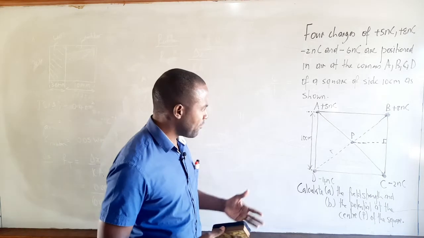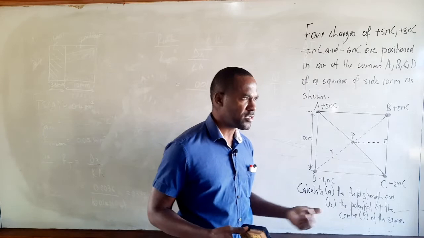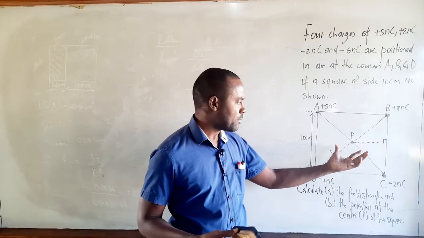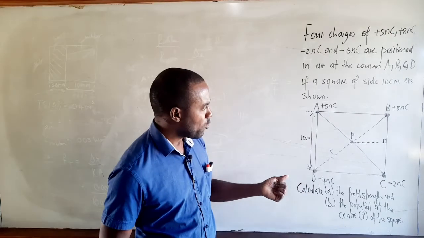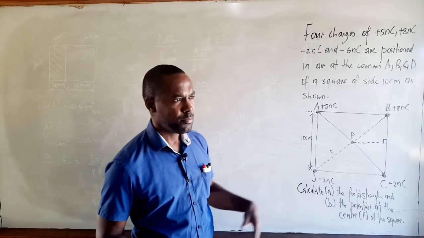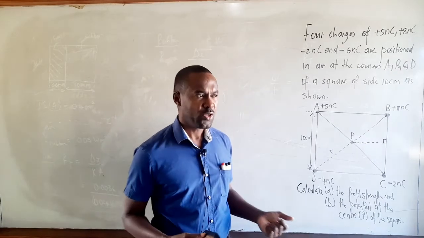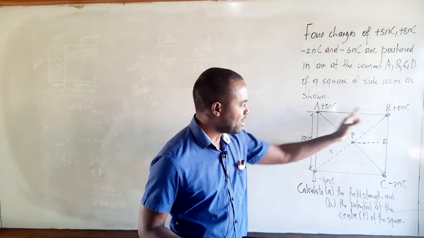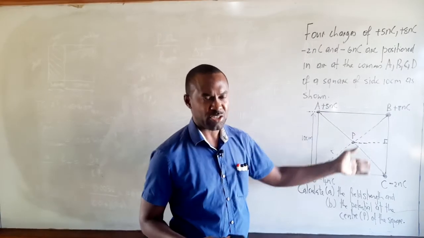Each of these charges will of course emit an electric field, and the point P would be in the proximity of those electric fields. So what we want to do is find the resultant field strength due to the field emitted by each of these charges, right?